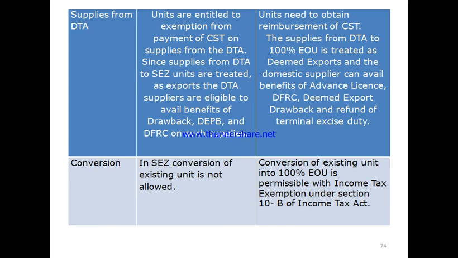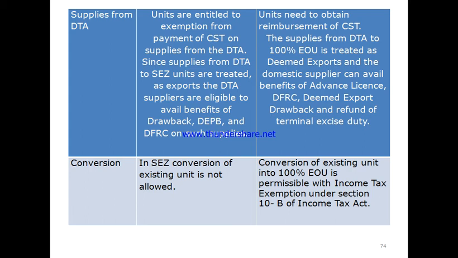Thus, it is clear that certain procedural differences exist between SEZ and EOU, due to, you can say, the rationale behind the formation of these two schemes. Okay. And as compared to SEZ, EOU units are more obliged to follow the rules and regulations of foreign trade policy, as they draw their strength from the same.